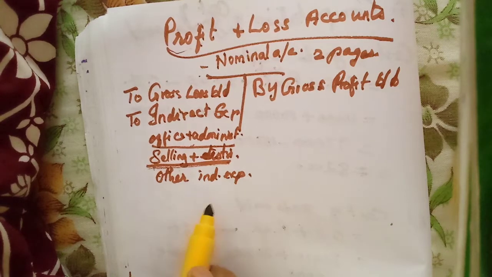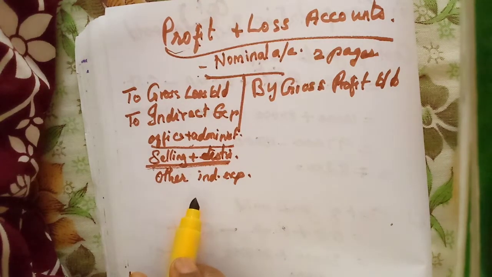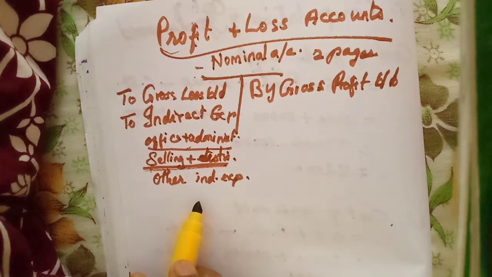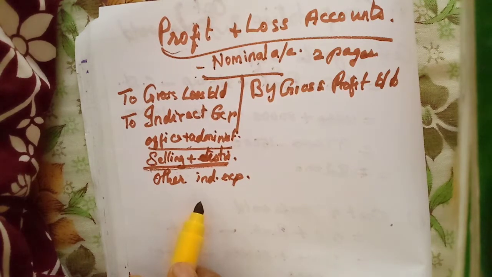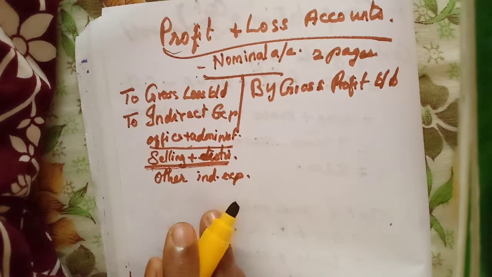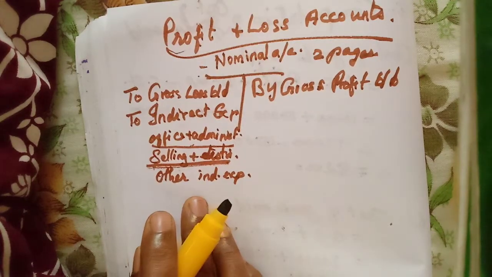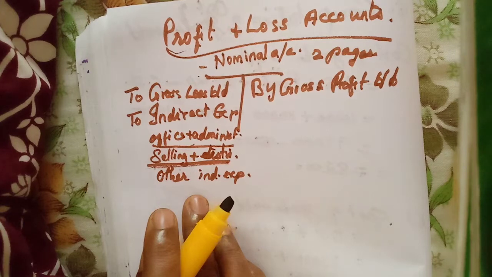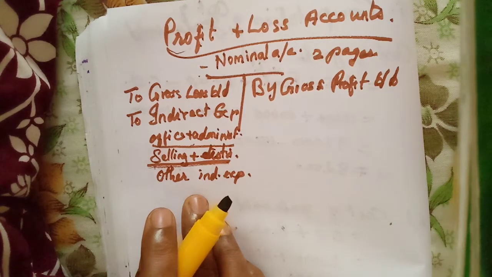Then any other expenses or losses. We may have taken some loan, and for that we need to pay interest, so interest on loan. Then we might have sold some fixed assets, and if we sell the fixed assets for less than the book value, we will incur a loss, so loss on sale of fixed asset.